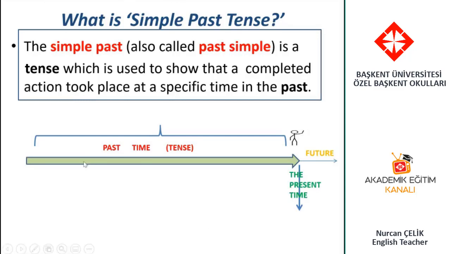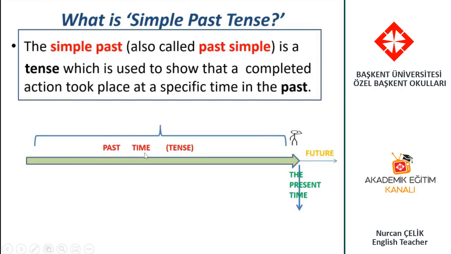Look at the timeline here. This is me, and I'm waving my hand in the present time, now. If I want to talk about the continuing time, it's future tense. But today we're going to talk about the actions, the events which started and finished in the past.